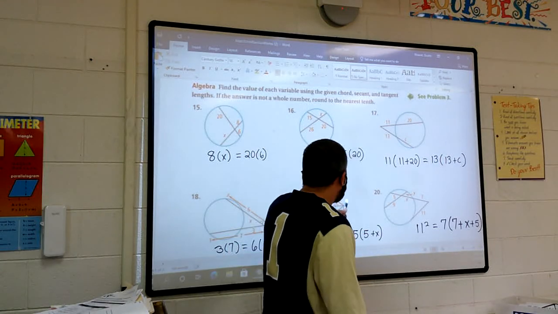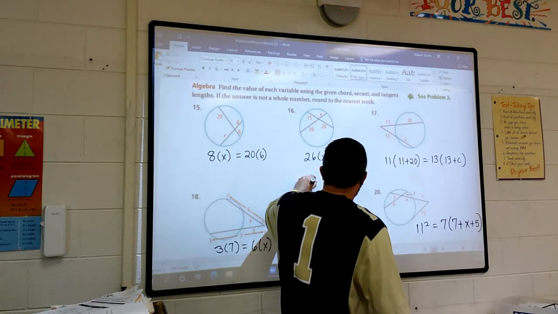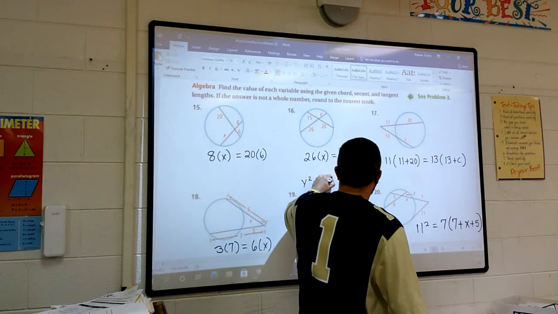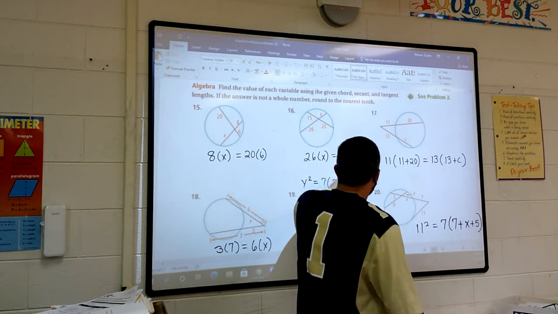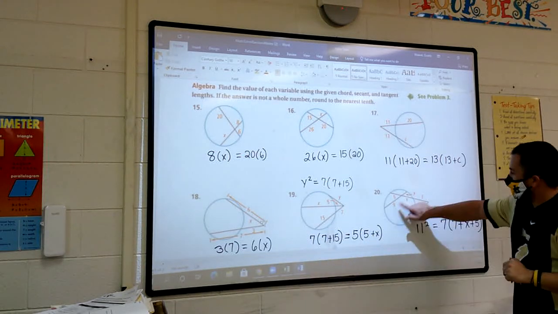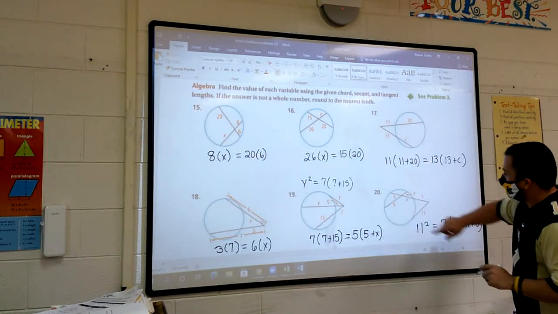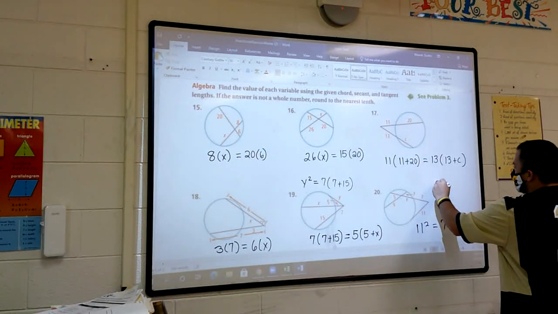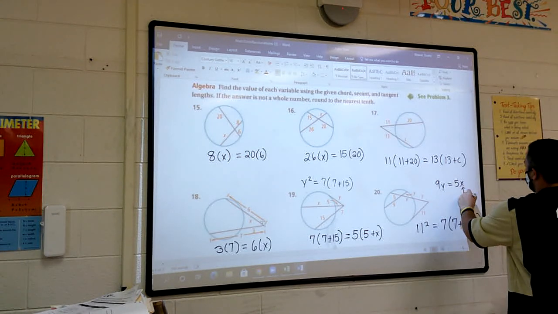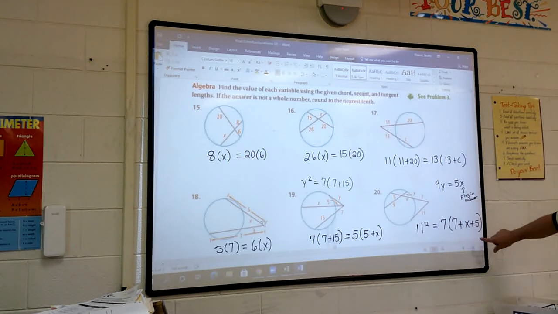It's one by itself, so it would be y squared equals, and remember, it's the outside 7 times the inside. 7 plus 15, the whole thing. Over here, if you needed to find y, you would say 9 times y equals 5 times x. But you need to plug in your answer for x. And you would get the answer for x by solving this down here. So you do that first.